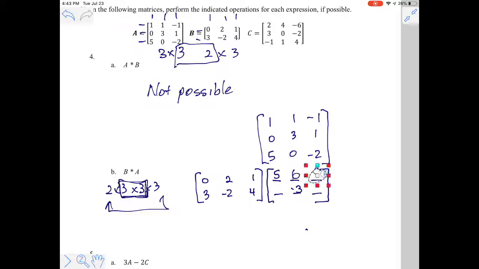This entry is row 1, column 3, so that's 0 plus 2 plus -2, which is 0. This entry right there is row 2, column 1, so that's 3 plus 0 plus 20, which is 23. And that final entry there is row 2, column 3. So that would be -3 plus -2 plus -8.